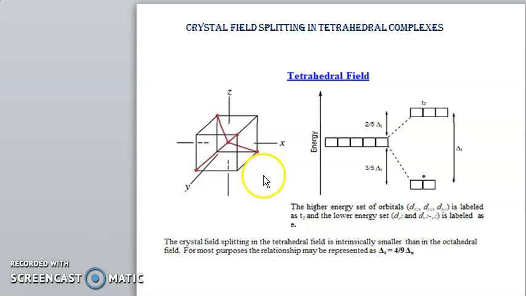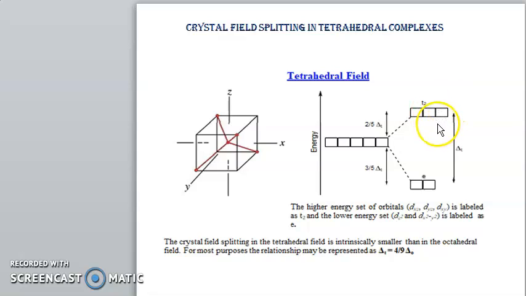So this is the d orbital, and when you apply energy it gets split into two sets of orbitals, that is E and T2. In the octahedral field we discussed the splitting of the five d orbitals into T2g and Eg. Here is the T2g with 3 orbitals, and here is the Eg with 2 orbitals.